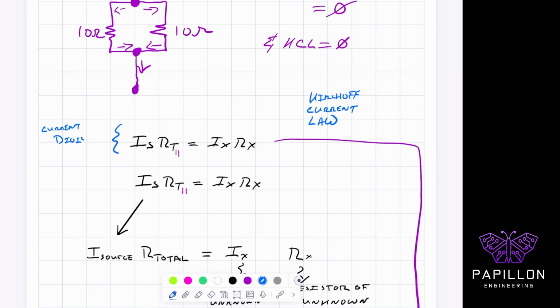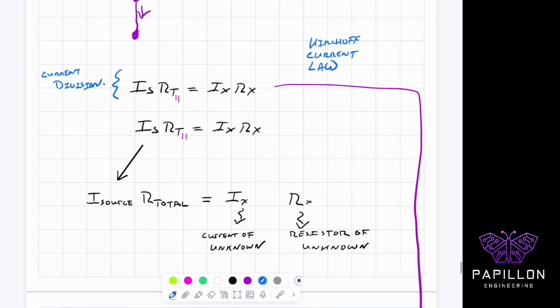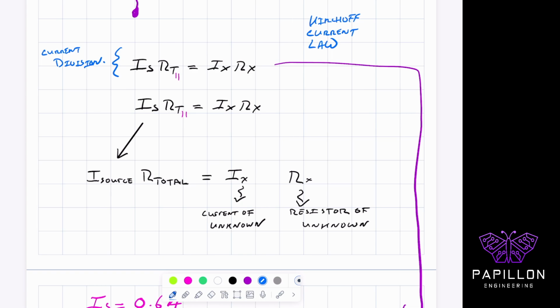Okay, and for current division, I go ahead and use this equation. Importantly, you should use this one all the time. It says I current source times R total, and this is very important, it's R total only for the parallel portion.